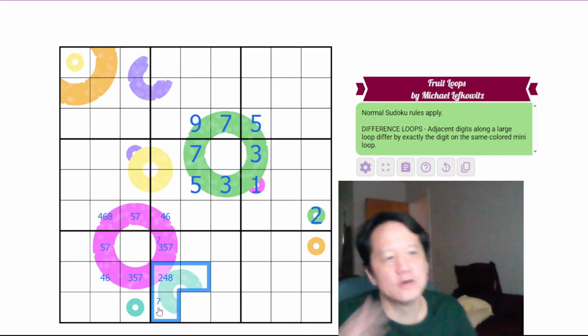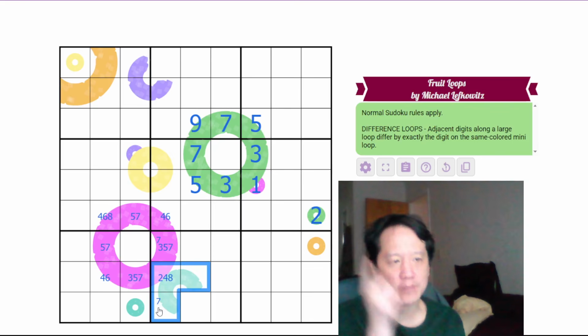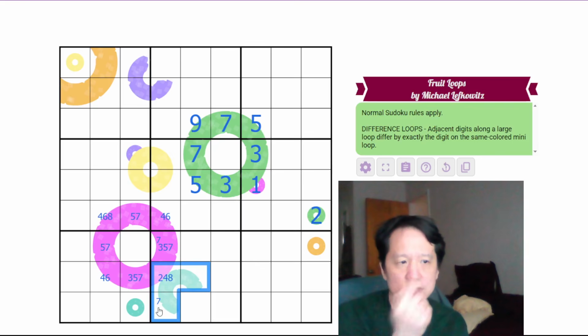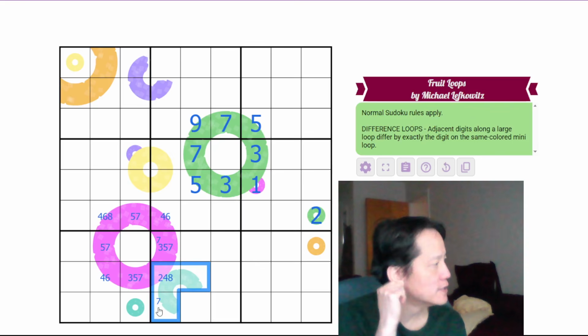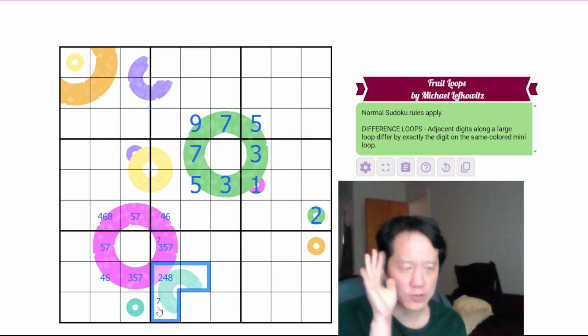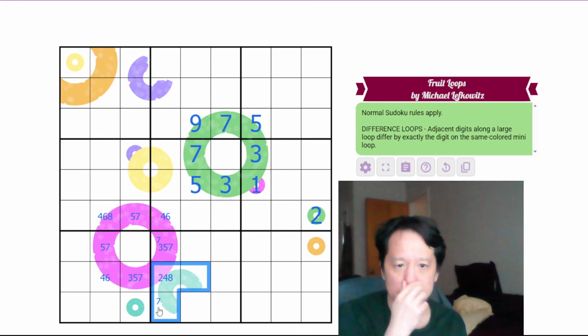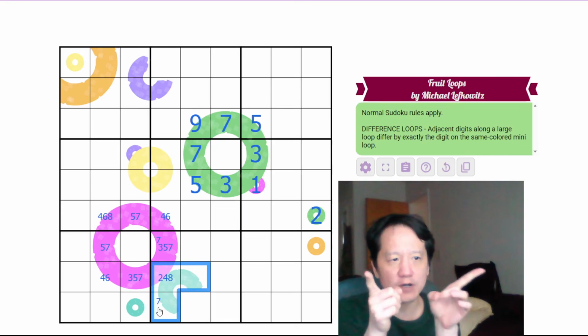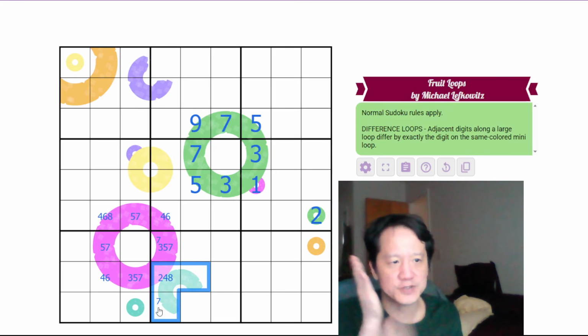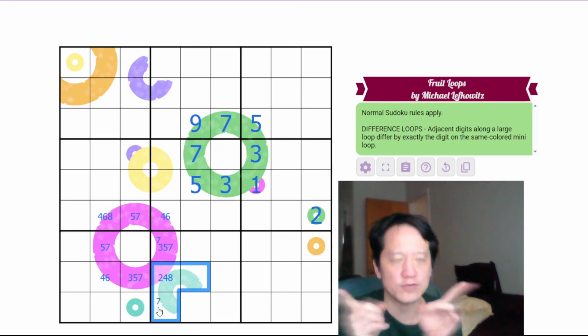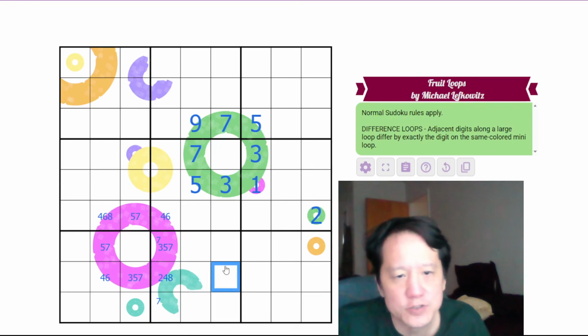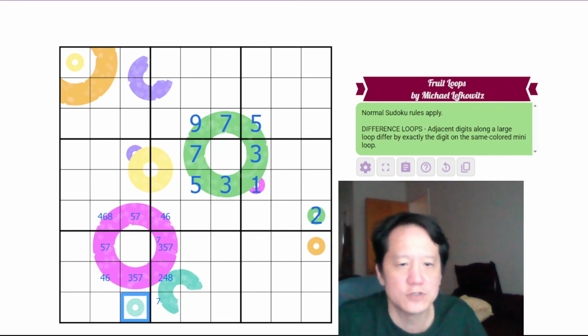This is all in the same box. So it can be 4 difference or less. If it's 5 difference, you can't have two cells that are 5 difference apart from the same digit and have 2 different digits there. So this is a difference of 4 at most. So this is 1 through 4.